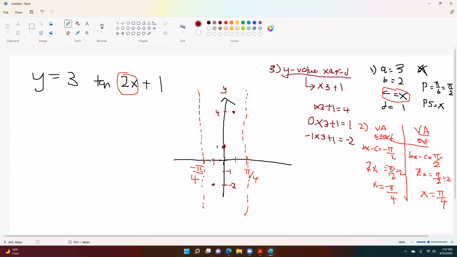So this graph, please do not draw a straight line, and please don't cross the vertical asymptote. So this graph will be kind of like a parabolic type. When I say parabolic type, it's really difficult to draw. It is kind of like a straight parallel line, and then this will curve a little bit.